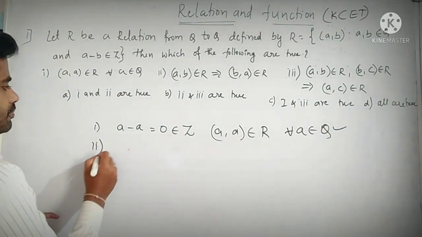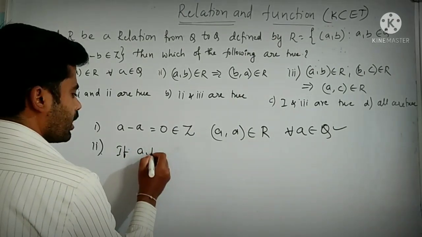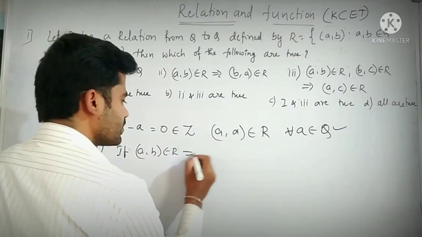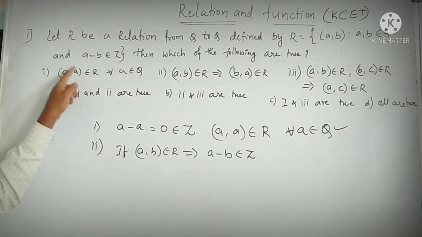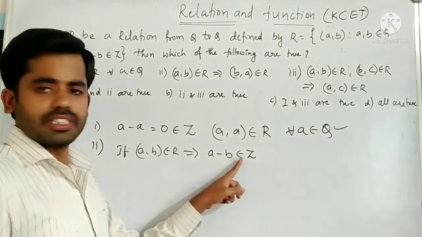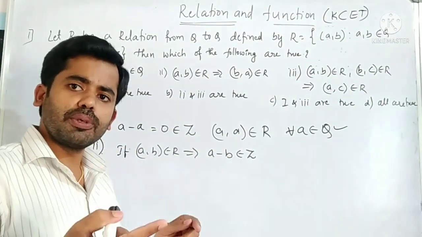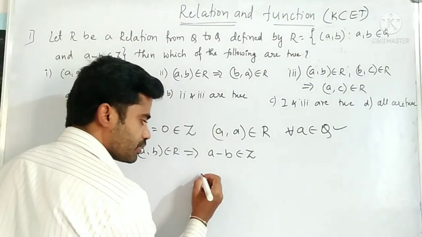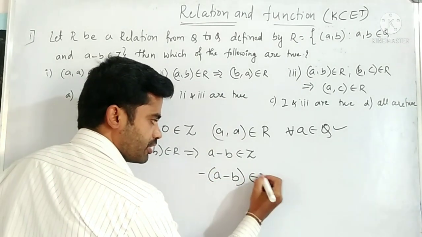Second one. I will take: if (a, b) belongs to R, what does it imply? It means that a minus b belongs to the integers, according to the definition. Now, a minus b is an integer, and the negative of an integer is also an integer. So I multiply by minus one: minus (a minus b), is it an integer?